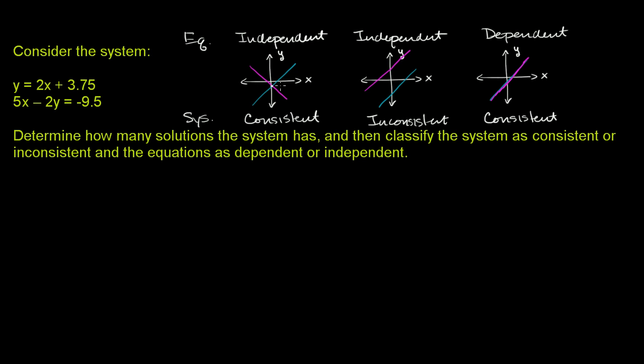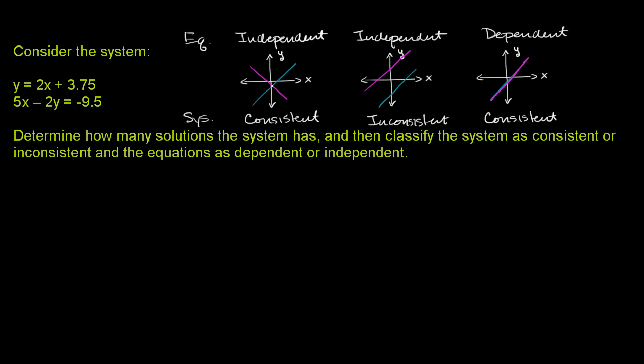Here you have one solution. Here, this system is inconsistent because it has no solutions. When you look at the equations, the equations that are represented by these lines are independent. The equations that are represented by these lines are independent. The equations that are represented by these lines are dependent because they're essentially the same line.